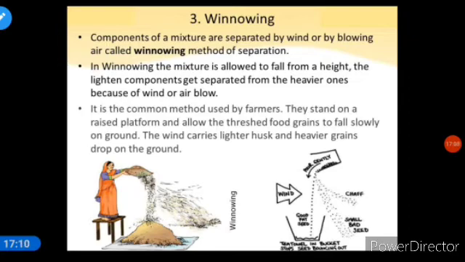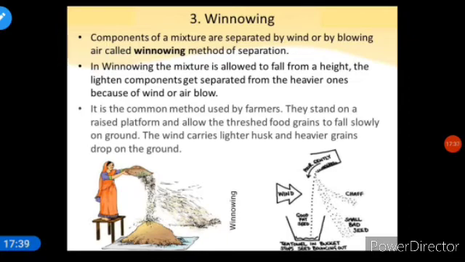In winnowing, the mixture is allowed to fall from a height and the lighter components get separated from the heavier ones because of wind or air blow. It is a common method used by farmers. They stand on a raised platform and allow the threshed food grains to fall slowly on the ground.